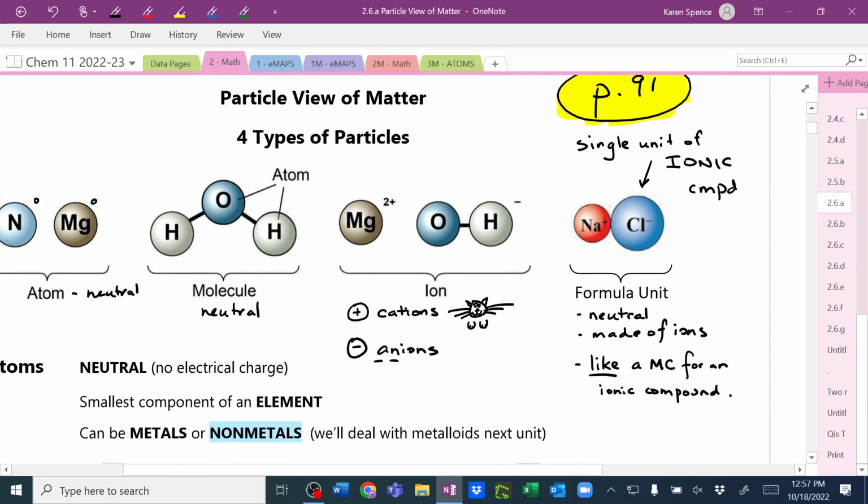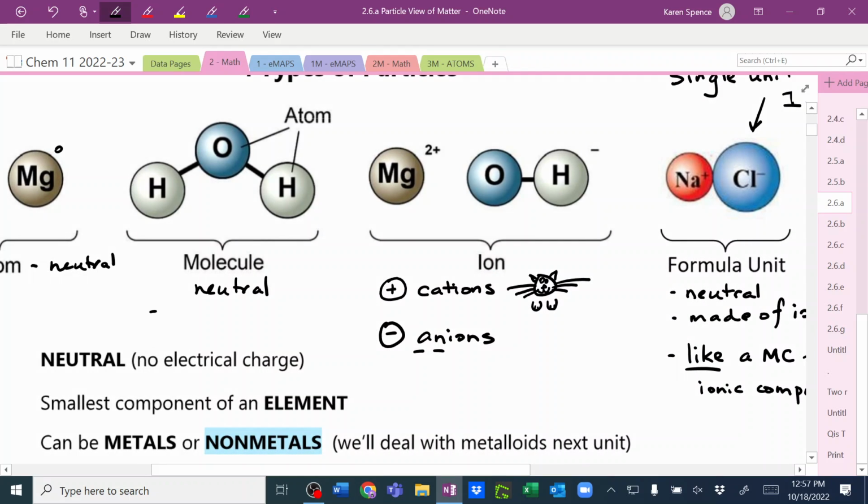They are neutral and they are made of neutral atoms. And if formula units are for ionic compounds, what are molecules for?